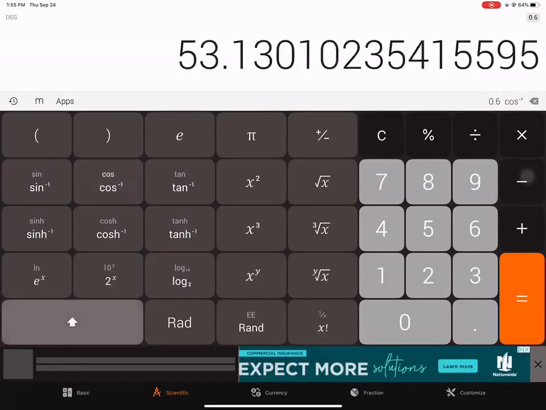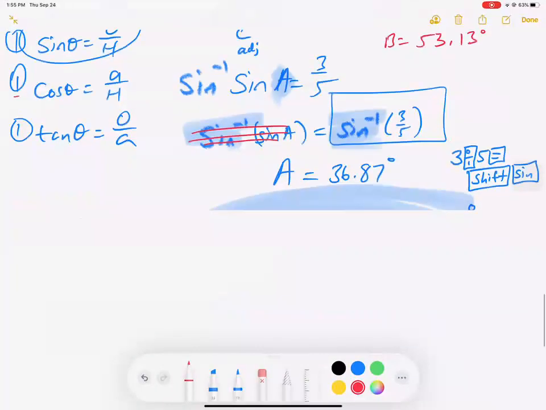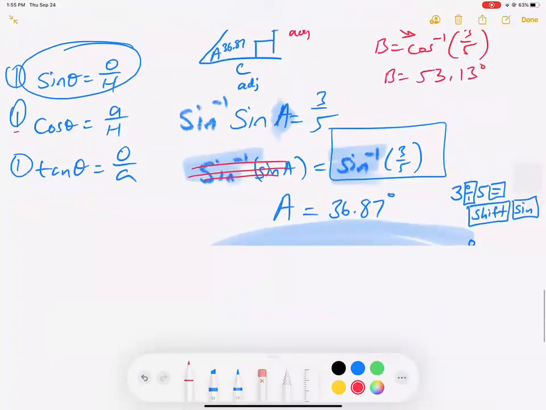Shift cosine, 53.13. Which is what we claimed that it was going to be. Oh, what happened to it? Disappeared.